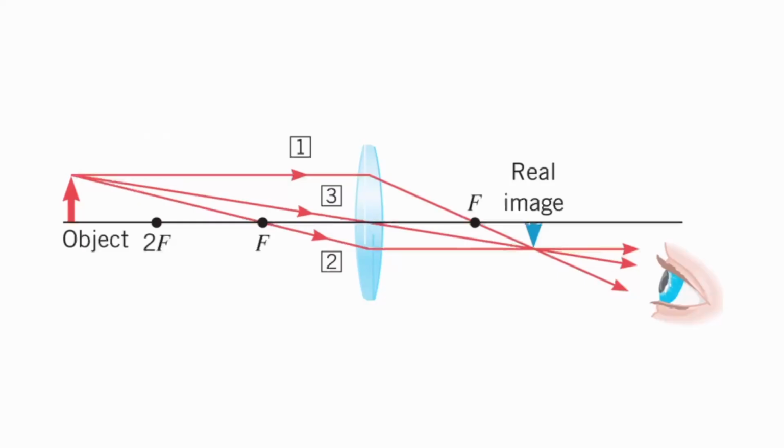If you look through it at your hand or at your notes, what's the image? Upright or inverted? It's upright. Magnified or reduced? It's magnified. Real or virtual? In this case, it's virtual. We'll do the math for this, and we'll do the diagram for this. But what you are looking at when you're using a magnifying glass is a virtual image.